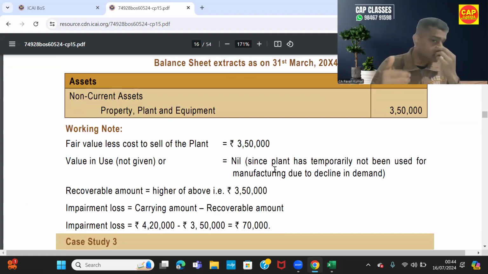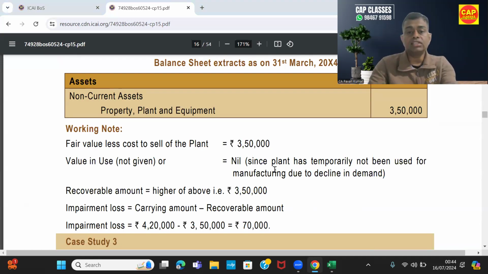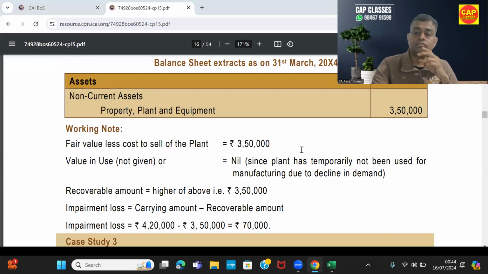Even if you take 0, recoverable amount is whichever is higher. Recoverable amount is the higher of fair value and value in use. So the higher of these two is 3,50,000. So carrying amount 4,20,000, recoverable amount is 3,50,000. So impairment loss 70,000. That's all. So that is what the answer is. We have written the same answer.